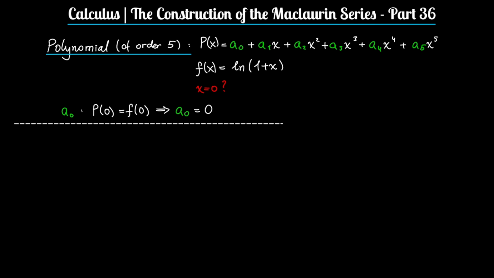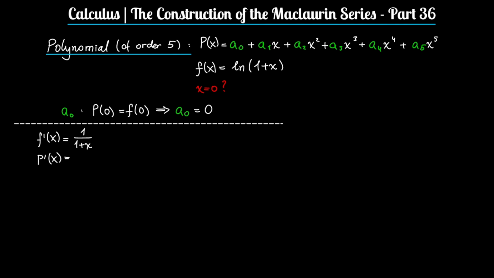Next, let's take the first derivative of both the function and also find the first derivative of our polynomial. For the function, the derivative of the natural log of 1 plus x is simply 1 over 1 plus x.